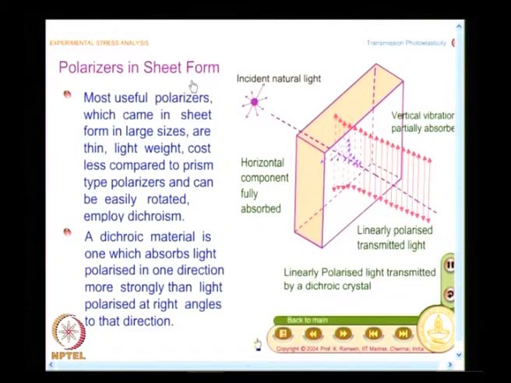And what we learnt was, within the polarizer sheet, the horizontal component is absorbed by the polarizer. And for illustration, this is shown with a large thickness. In reality, it is very thin, and this phenomenon is called dichroism.